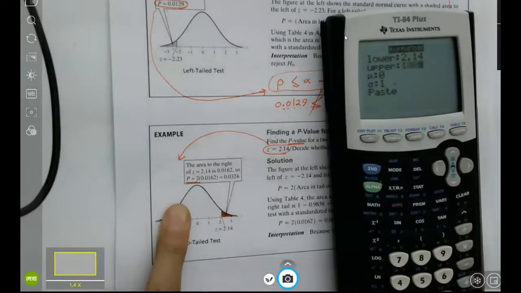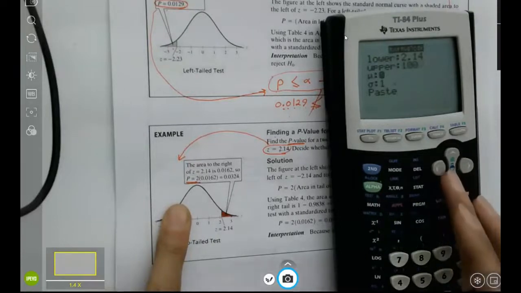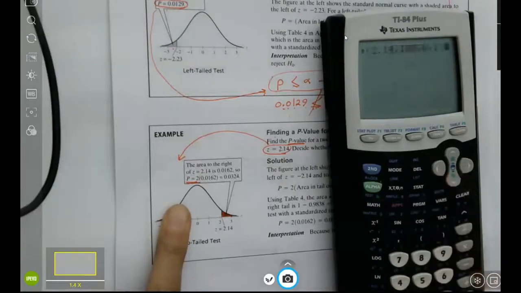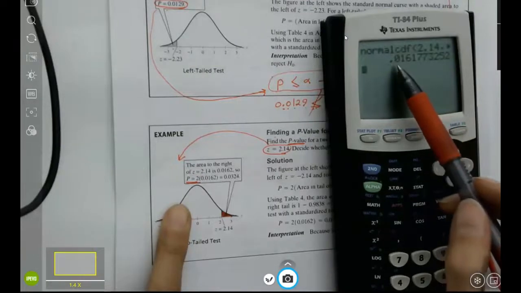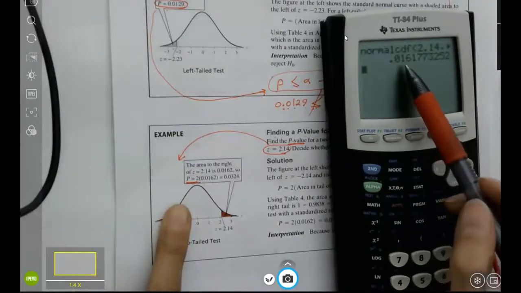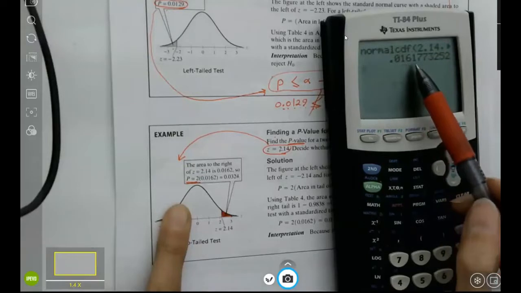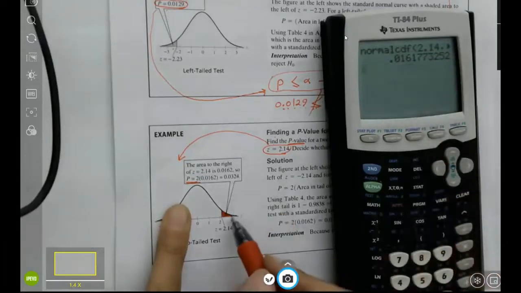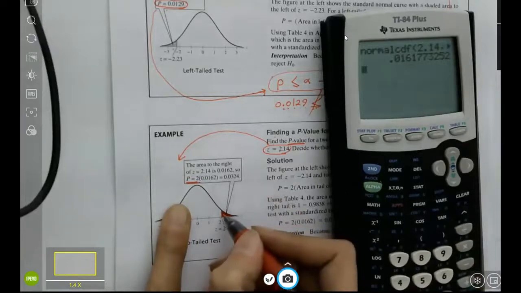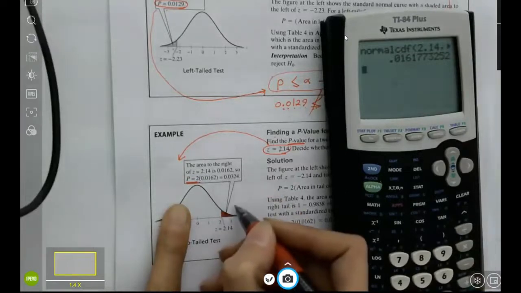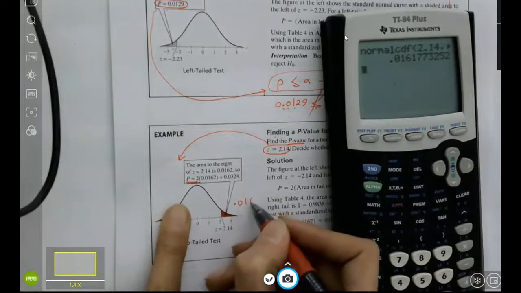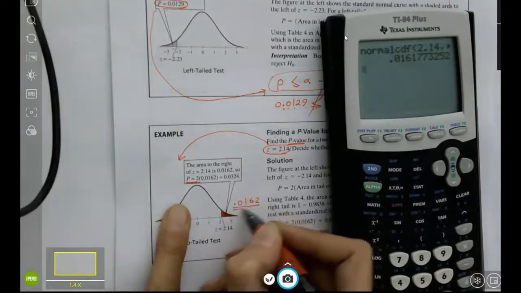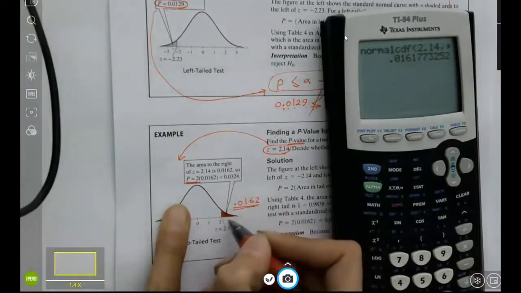Let us write 100. Mean is 0, sigma is 1. Let us calculate that. This is 0.0162. So this little area is 0.0162. This is just half of the area.